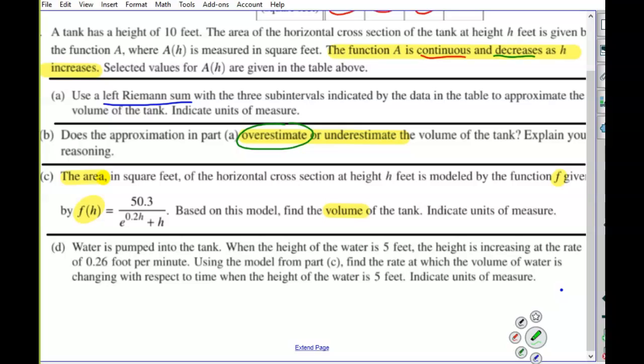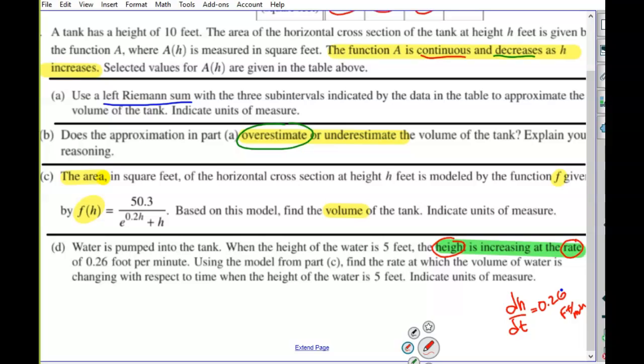Water is pumped into the tank. When the height of the water is at 5 feet, the height is increasing at a rate. Now that's interesting right there. The height is increasing. I'm thinking right away, if they tell me it's a rate and it's height, I'm thinking that dH/dt, so the change in the height compared to the time, is 0.26 feet per minute.